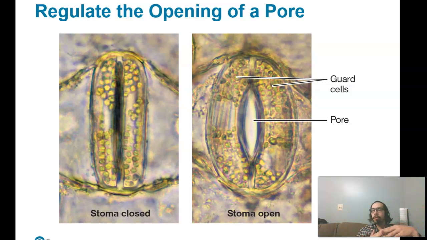The guard cells will close the stomata to prevent water loss. So it's a balance that the plant has to deal with. If it wants to have gas exchange, it has to open the stomata. But if it's open when it's really hot, it'll also lose a lot of water. So if it's hot, usually the plants will close the stomata to prevent water loss.